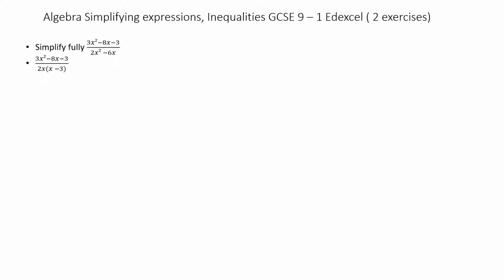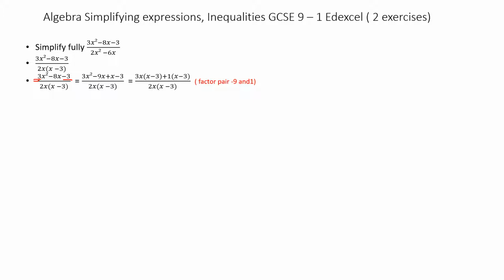So next we factorize the numerator, and to do that I need a factor pair such that when I multiply, I get the same result as 3 times minus 3. The first 3 is the coefficient of x squared, and the other is the constant term minus 3.